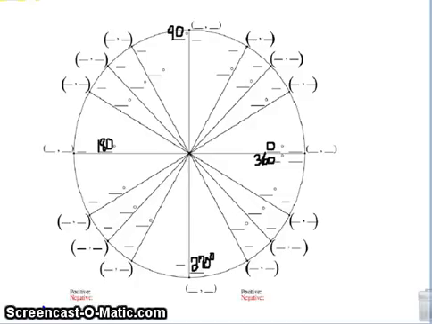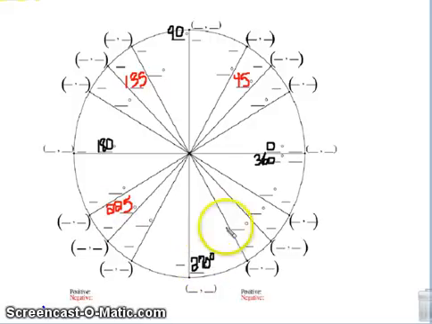In the middle, I'm going to use a different color. Hopefully you can see the middle of all of these. It's going to be right here. The half of 90 is going to be what? 45. And so we're going to count by 45s. 45 plus 45 gives me 90. 90 plus 45 is going to give me 135. 135 plus my other 45 takes me to 180, plus another 45 is going to be 225.